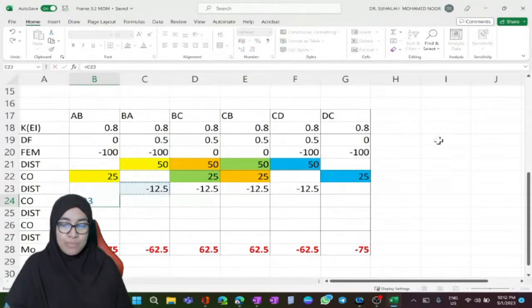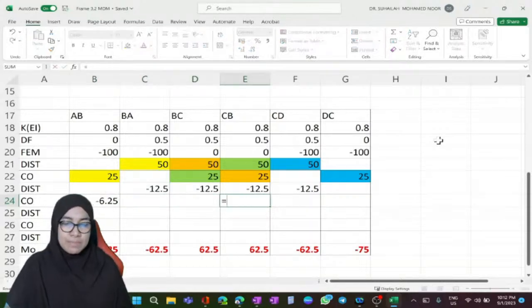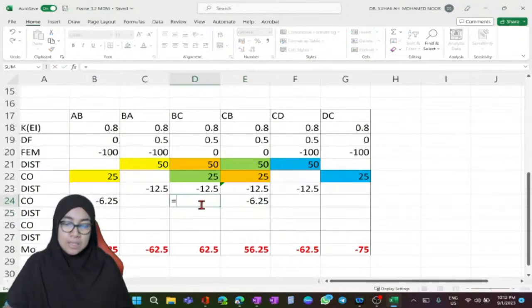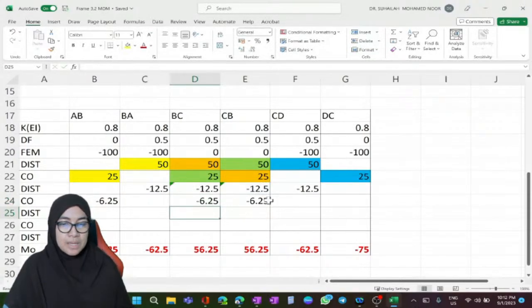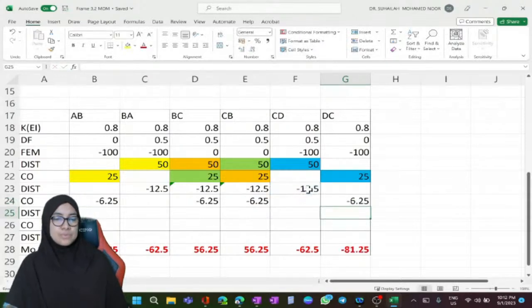So it is 12.5 divided by 2. And then we carry the value BC to CB. So it is 12.5 divided by 2. Okay, we have to cross boundary, divide by 2, and then this one also cross boundary, divide by 2.